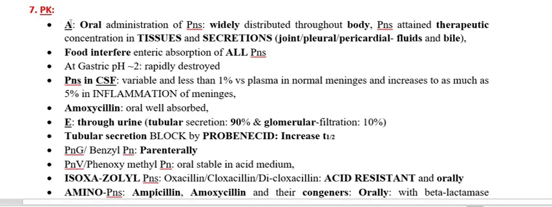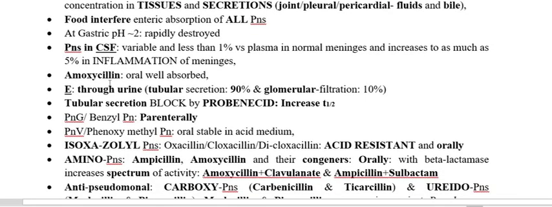The second important point is that the drug is well absorbed and reaches most tissues, as well as most of the secretions like joint fluid, pleural fluid, pericardial fluid, also in bile. So the drug has very good reachability; it reaches most of the places. When you look at the concentration of penicillin in cerebrospinal fluid, you will find it very meager, about 1% of the plasma concentration.